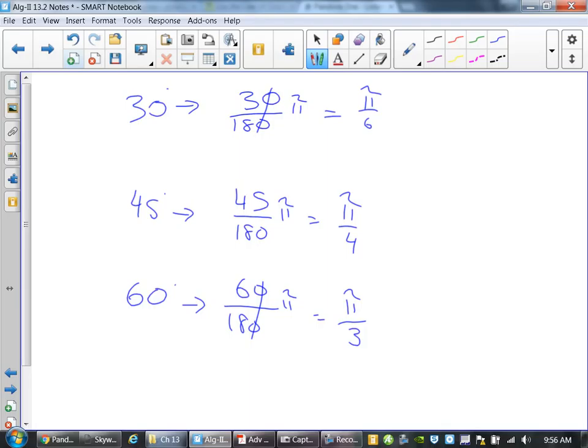Okay? Now, what happens then, if you start thinking here, if this is pi over 6, this is 1 pi. Do you agree? What's 1/6 up from a whole? If this is 1 pi, it'd be 5/6, so it'd be 5 pi over 6.